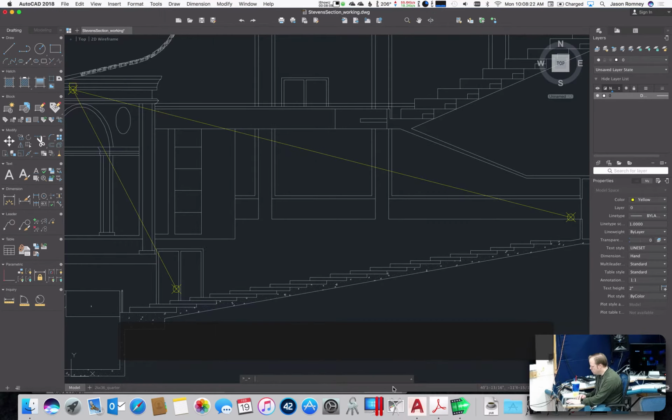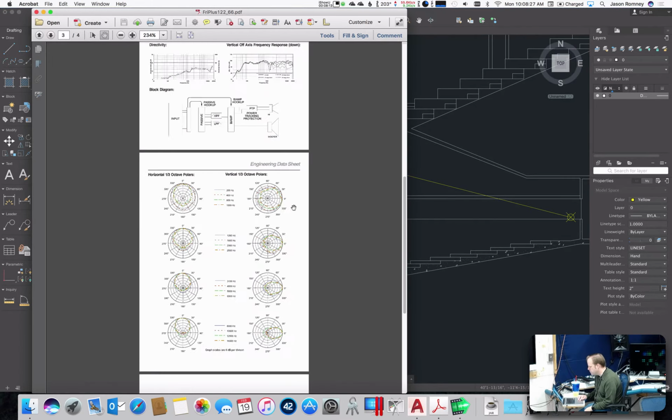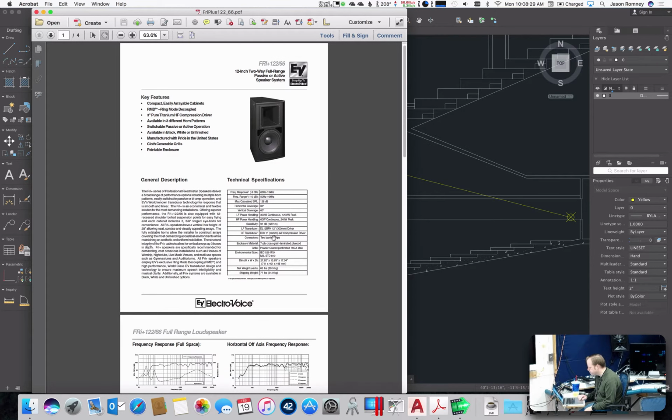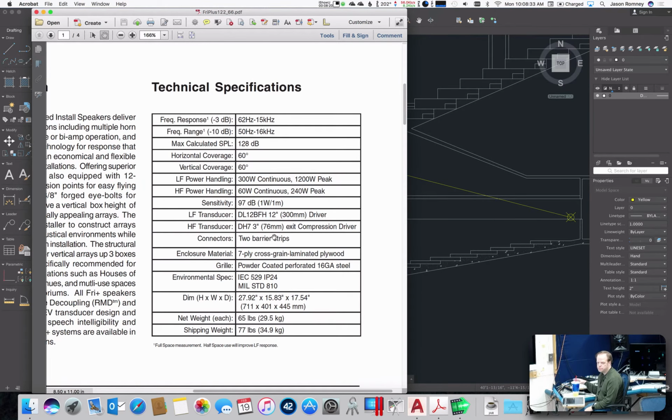Okay, so if we look at this particular loudspeaker and we look at the spec sheet for it, we will see that on the vertical it's 60 degrees coverage, which is certainly large enough to cover this area I'm trying to hit, right? So it's not unreasonable to spend some time seeing if this would work.